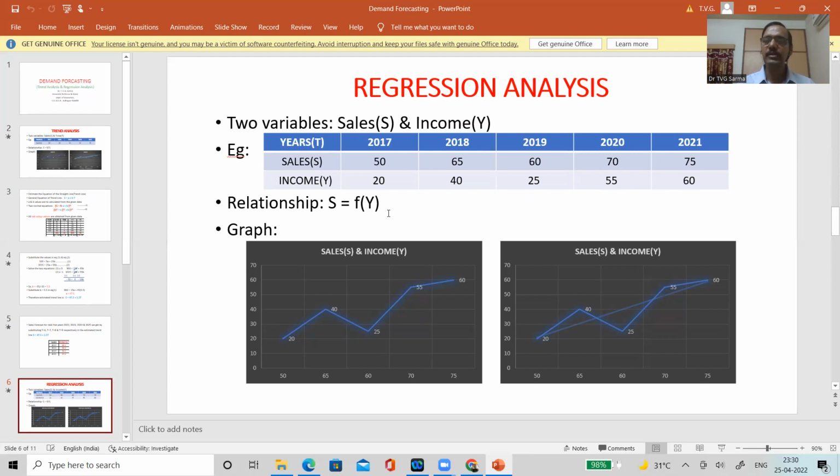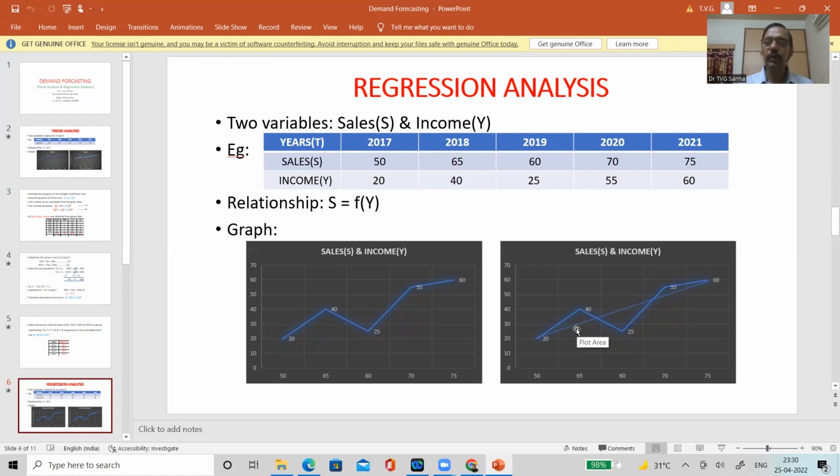And as an analyst, the first step which I do is to plot a line graph and try to see the pattern. Short term sales is fluctuating, well and good, but long term you see it's moving up. The upward tendency in the sales as and when the income increases is approximated by a straight line in the second graph.